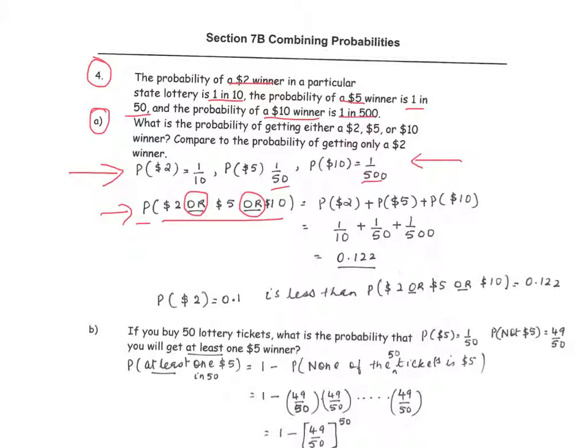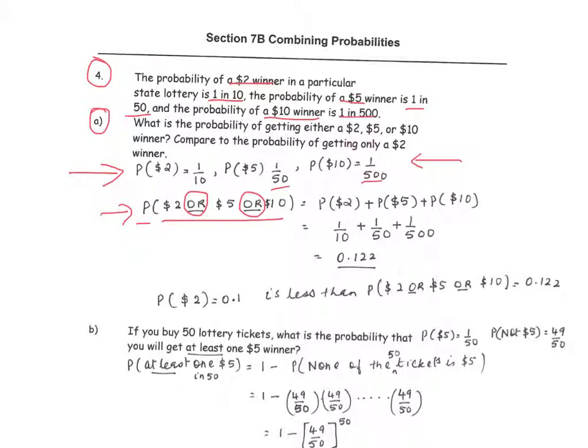But before we use the addition rule, there are two possibilities. One is for overlapping events and the other is for non-overlapping events. So think about winning $2, winning $5, winning $10. When you buy a lottery ticket, you cannot win all three together. You either win $2, or you win $5, or you win $10.